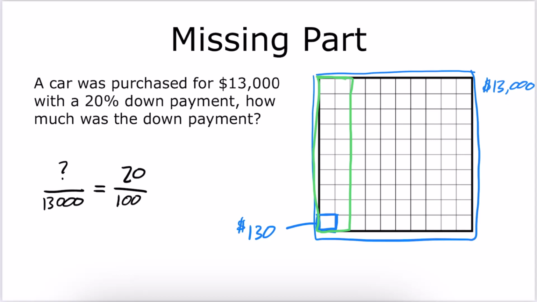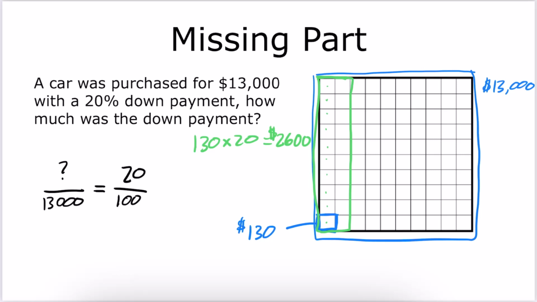To figure out how much the down payment was, we just need to figure out what 130 times 20 is, because each one of these little squares is $130 and we have 20 of those little squares. So 130 times 20, if we do 13 times 2, that should be 26. Then since it was actually 130 times 20, we can put two zeros on the end. That tells us that the down payment was $2,600, which is a reasonable answer if the car cost was $13,000.